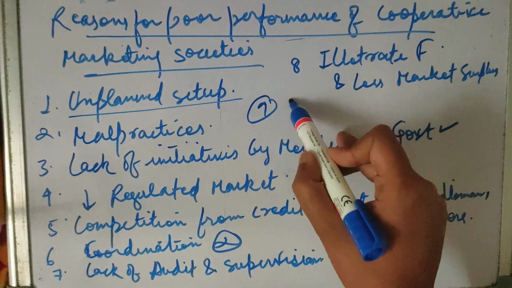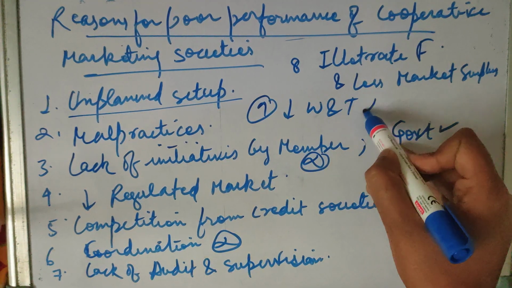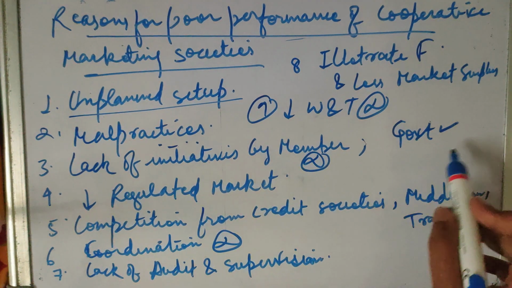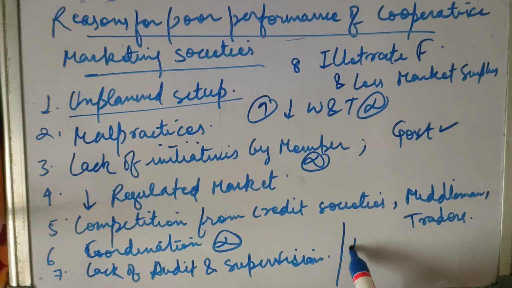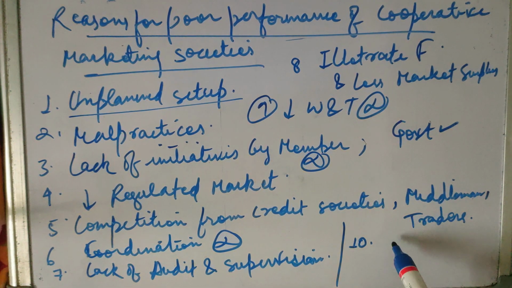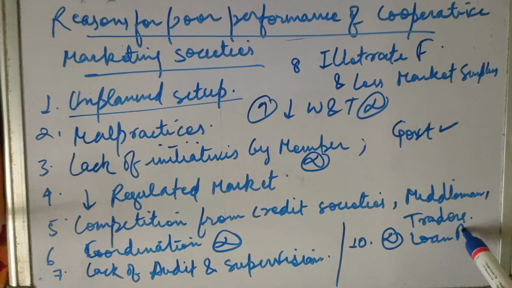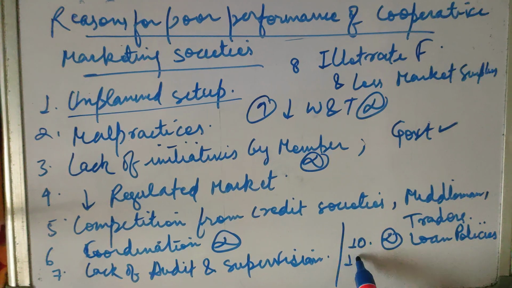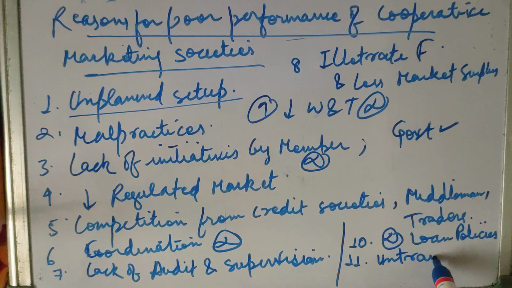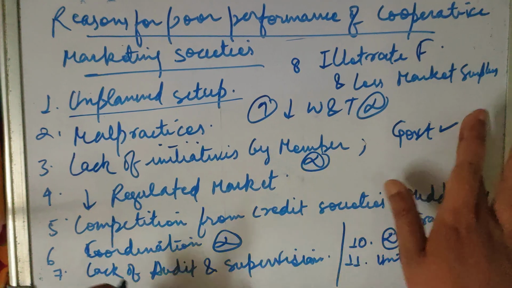There is lack of warehousing and transport facilities, not properly available. Defective loan policies are not good for helping cooperative farming. There are a lot of untrained persons in the cooperative societies.